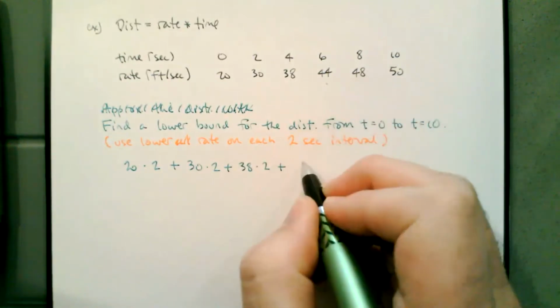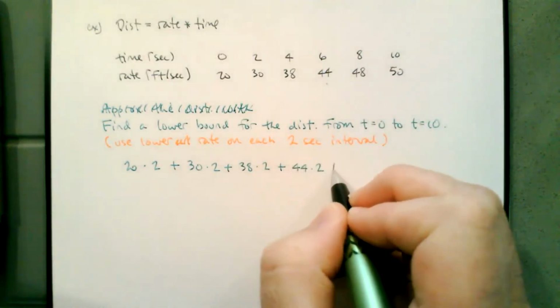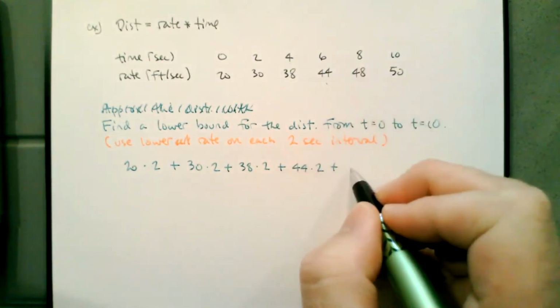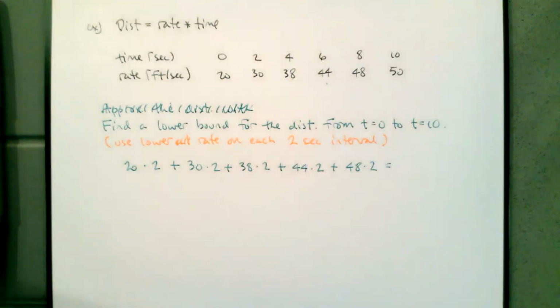On the fourth interval, between 44 and 48, I'll use the lower one, 44. On the next interval, I'll use 48. And this is how we'll approximate the distance in feet. And this will provide us a lower bound for the distance traveled because I used the lower rate to represent the entire interval.